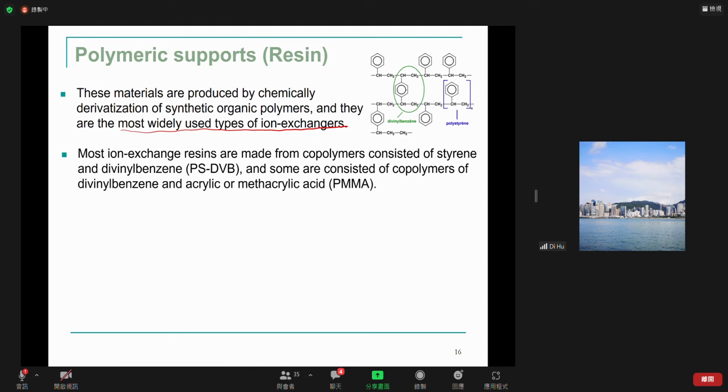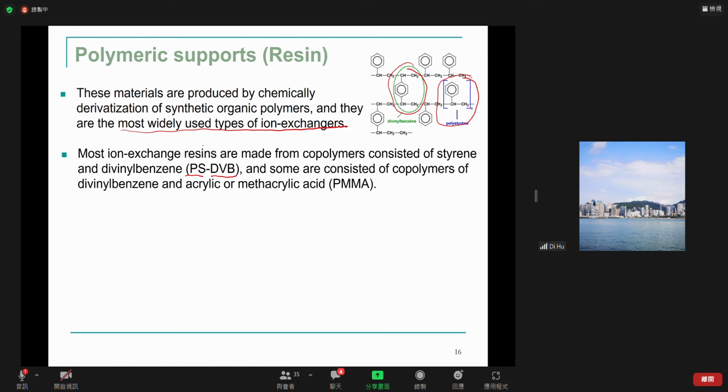First, the resin, this matrix, is synthesized to achieve suitable physical and chemical properties. And then it is chemically derivatized to have the functional group. Most ion exchange resins are made from a copolymer consisting of styrene, the polystyrene, and divinylbenzene, so it's called PSDVB.